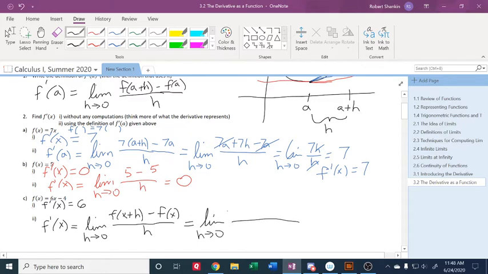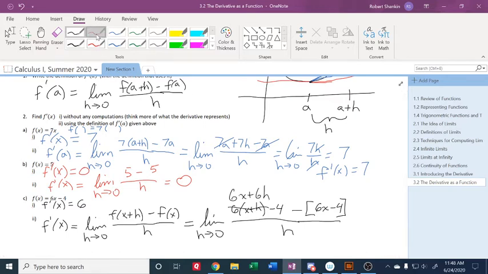So now, f of x plus h is 6 times x plus h minus 4, minus f of x, which is 6x minus 4, over h. Alright, so this is going to become 6x plus 6h.